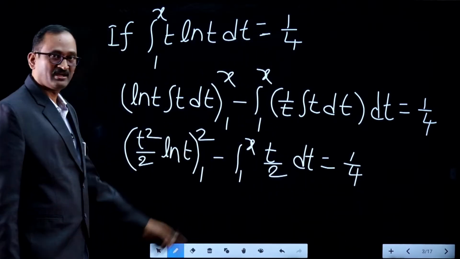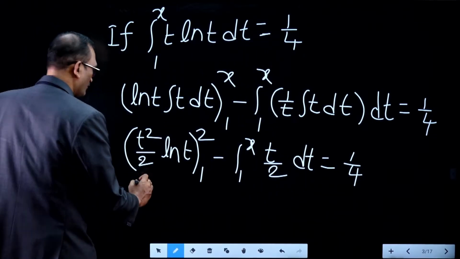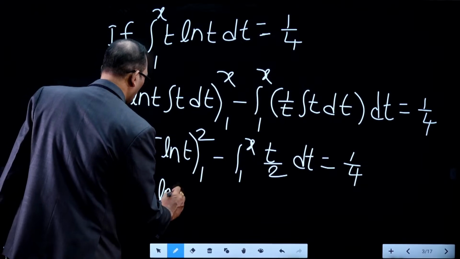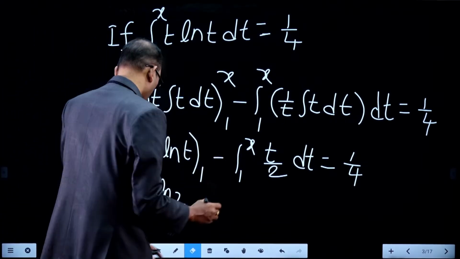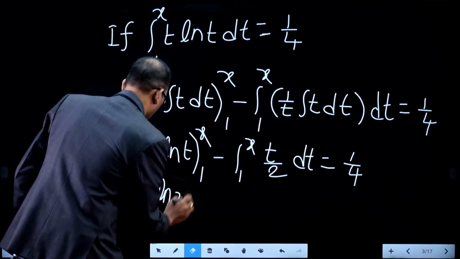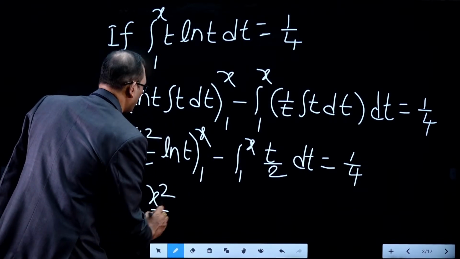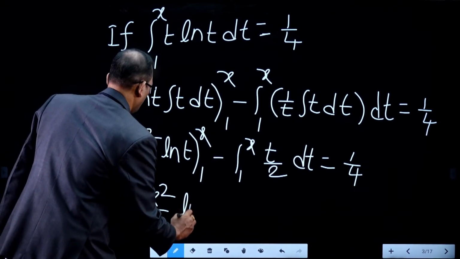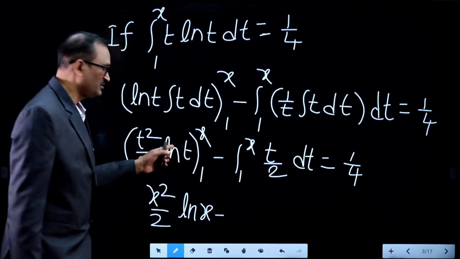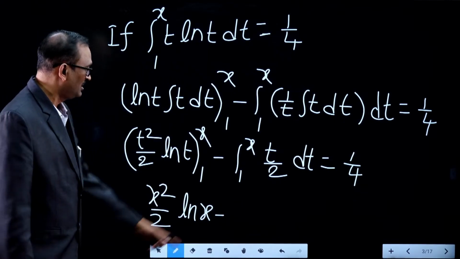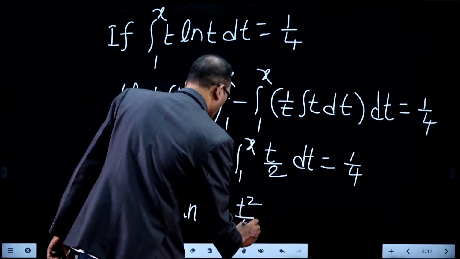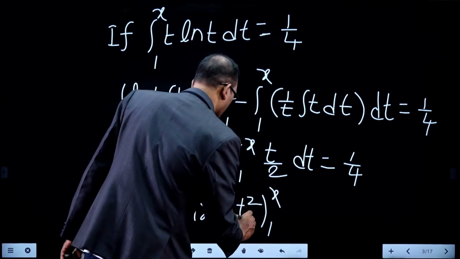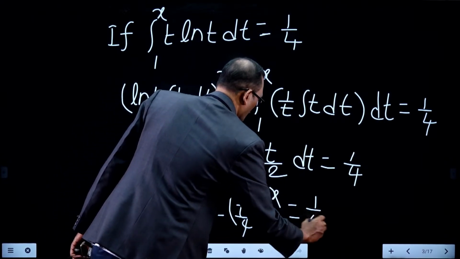So replace t by upper limit, sorry, upper limit is x, no? Then it is x square by 2 ln x, minus replace t by lower limit 1, ln 1 is 0, minus integral t by 2 dt, that is t square by 4 between the limits 1 to x, equal to 1 by 4.